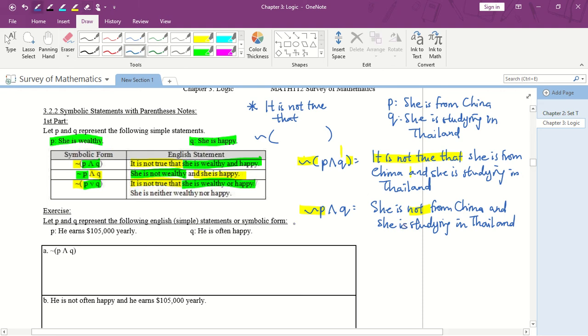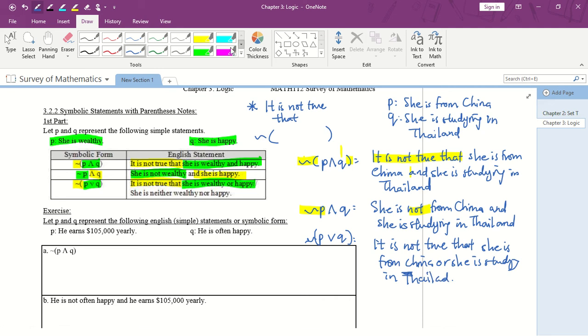Okay, and of course the next one, negation P or Q with the parenthesis here, it will be it is not true that she is from China or she is studying in Thailand.